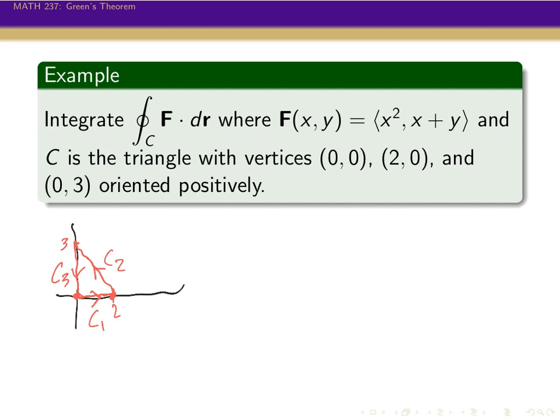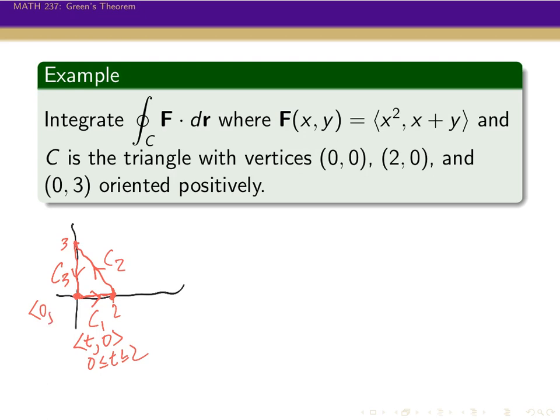So C1 is going along the x-axis, and so we can think of it as t comma 0, where t is going from 0 to 2. C3 is going along the y-axis, and if you notice, it's starting at 3 and going down to 0.